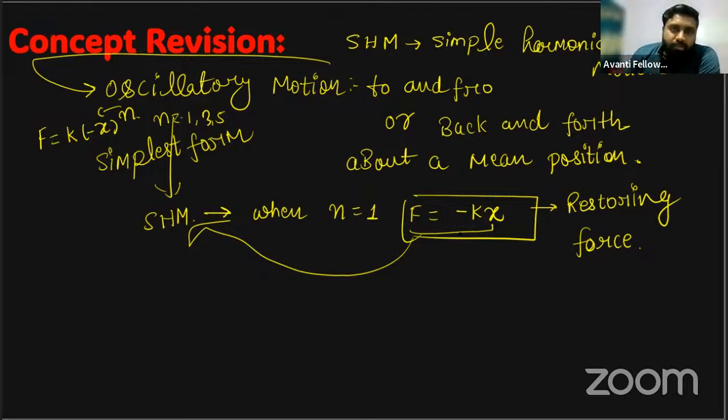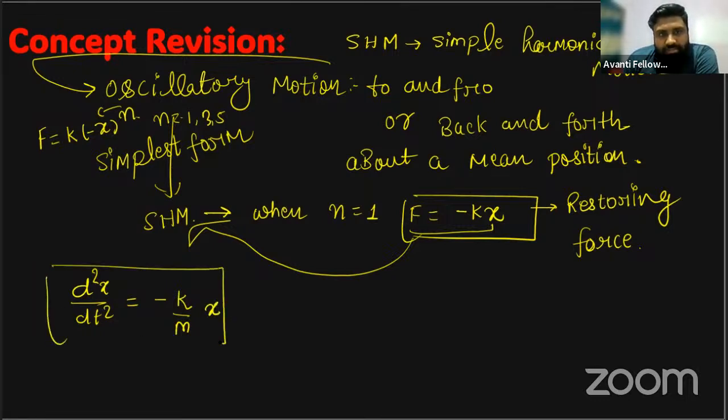Now the motion equation of SHM is given by d2x by dt square equals minus k by m into x. This is the second order differential equation. How it comes, I have already discussed in the regular classes.